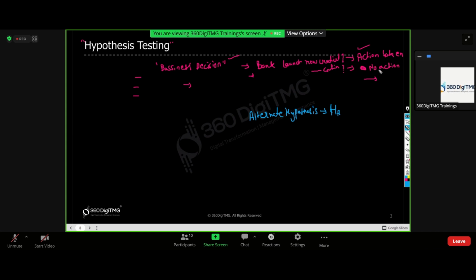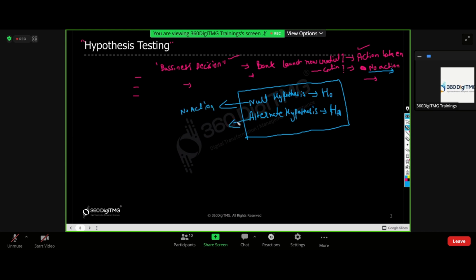When you do not take a decision, no action has been taken, this is called the null hypothesis. It is represented by H naught. So null hypothesis means no action. Alternate hypothesis means you are going for an alternate solution and action has been taken.